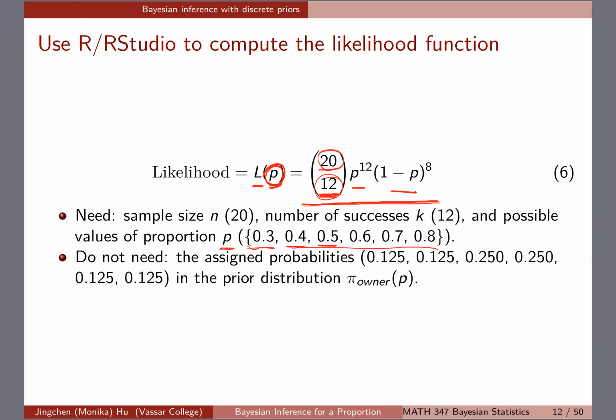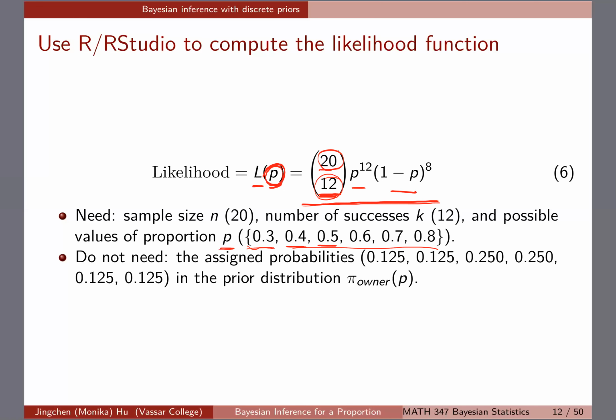What I want to highlight here is that you only need n, k, and the actual value of p, but the prior distribution that we came up with earlier doesn't matter here. Likelihood is likelihood, prior is prior. We only use both of them together later when we're trying to derive the posterior. At the prior stage, make sure that you differentiate.